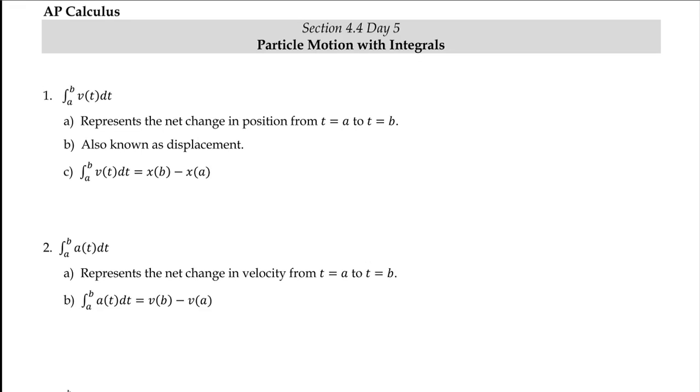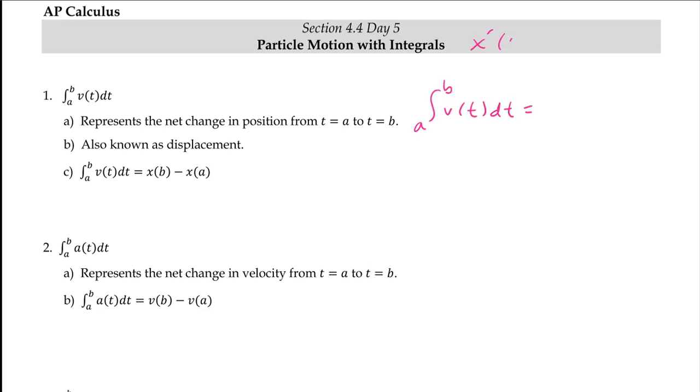So for instance, I'm saying if I integrate velocity function from a to b, it's the net change in position from a to b. This is also known as displacement, and then here you can see why it's the net change in position. So off to the side, let's look at this. If you integrate velocity from a to b, what function do you get? Do you remember if you took the derivative of position, you get velocity?